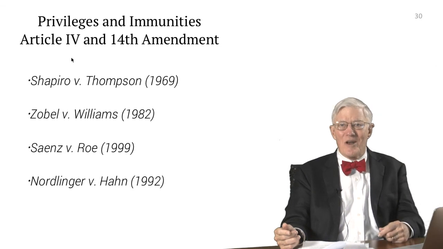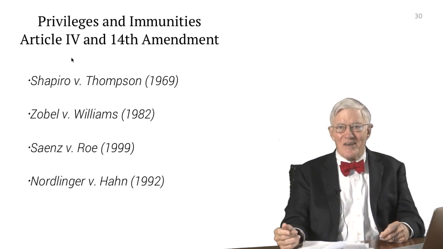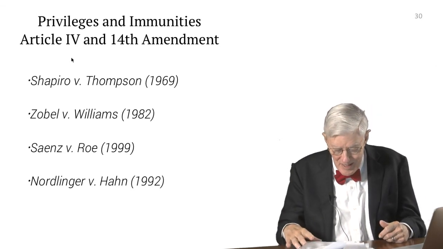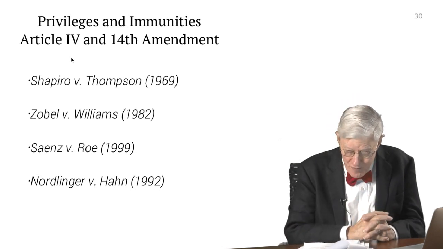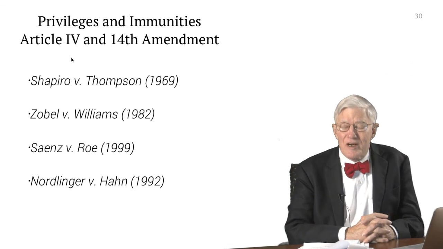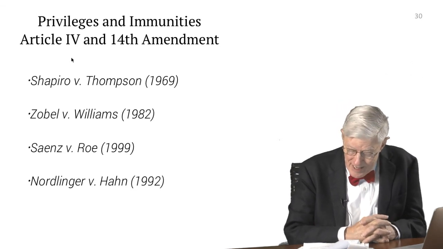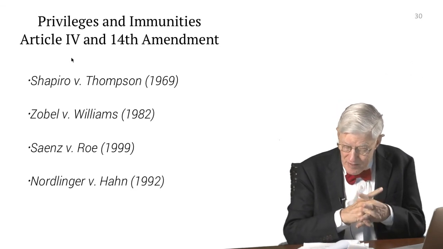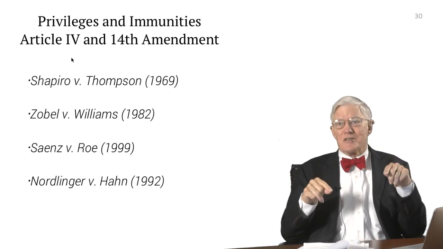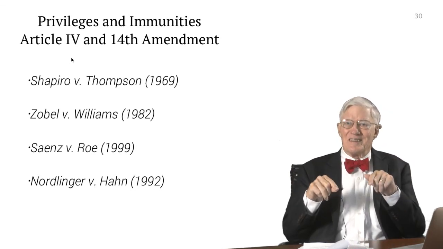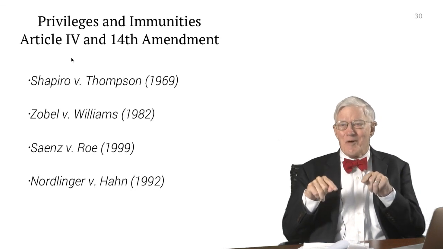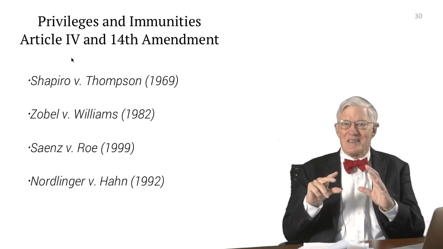Finally, Nordlinger versus Hahn, a 1992 case, upheld Proposition 13 in California, a provision that assesses taxable property value at the time of purchase. So if you purchase at an earlier date before inflation hits the real estate market, your assessment is based on your purchase price.